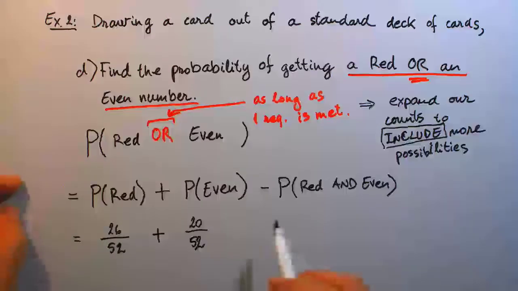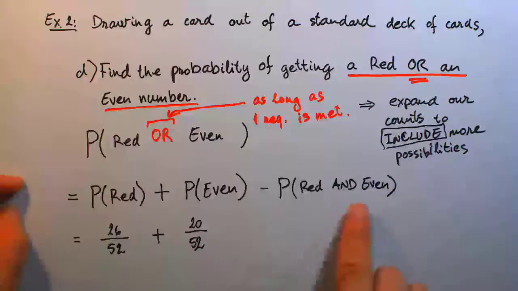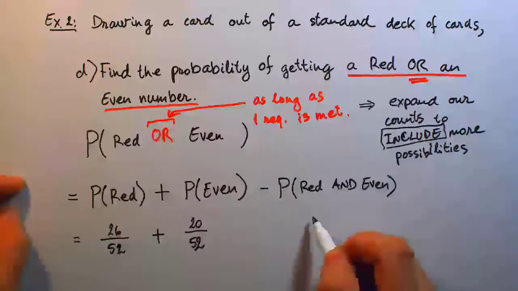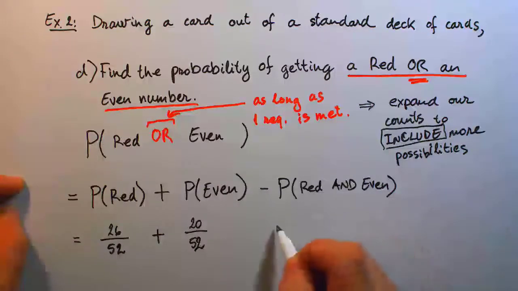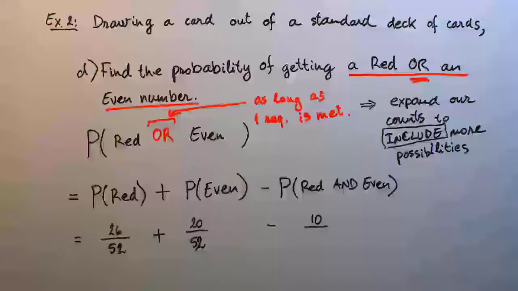And so in our count here, we can see that red and even, we have 10 of them. Looking at the picture here, my mouse movement is indicating those red and even ones, in that zone right there.